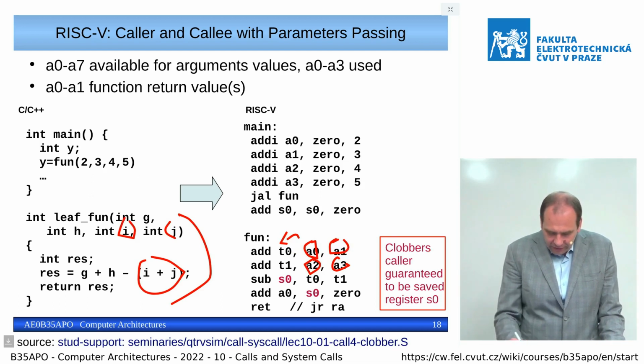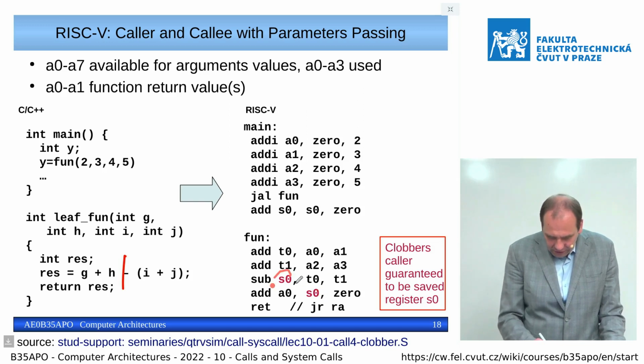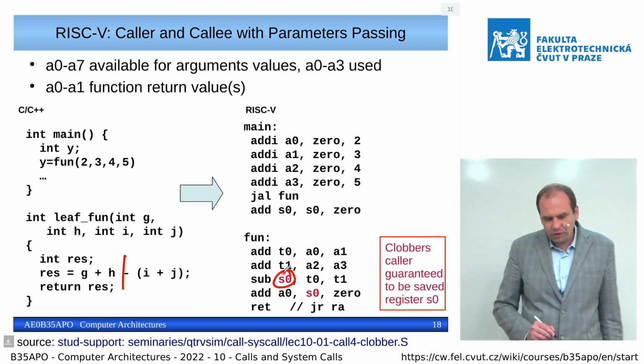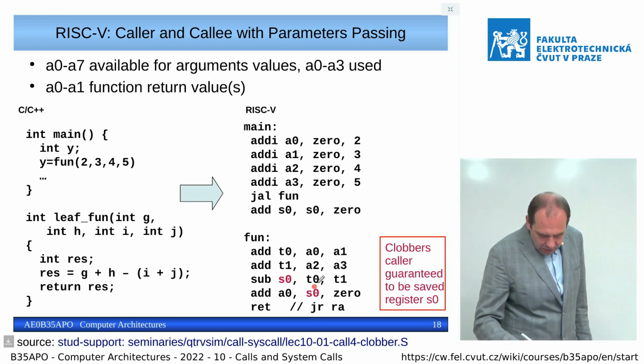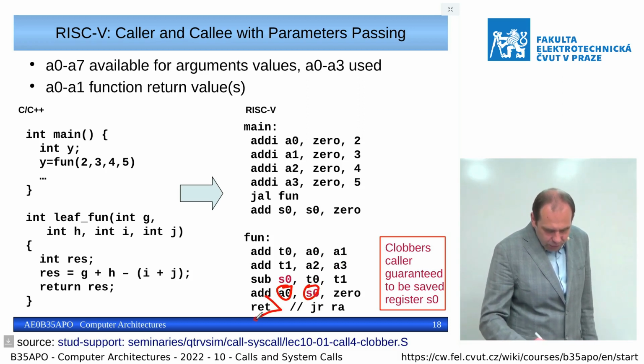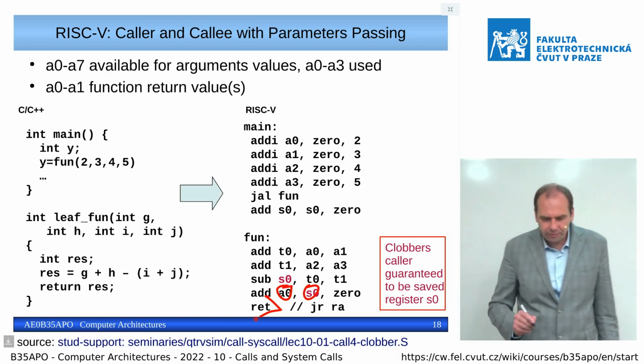And then we do the subtraction, and the result in this case is stored to the S0. And then we need to set the A0 to the return value, and then we return from the subroutine. So it is the implementation of the subroutine.